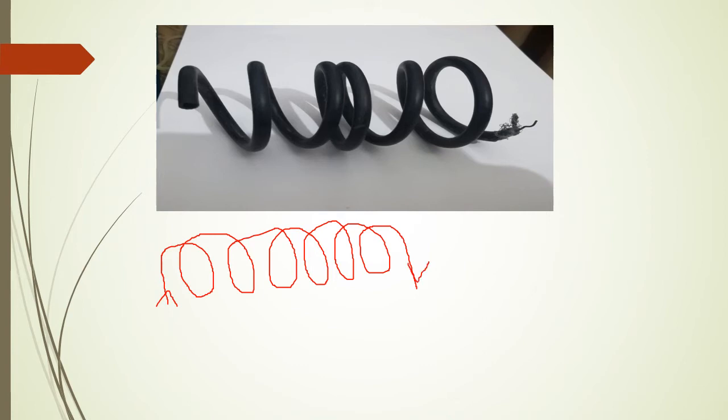So the direction of current at this point is downward, whereas here the direction of current is upward. This goes on, here downward, here upward. So on one face of the circular loops the direction of current is all upward, and on the other face the direction of current is downward.